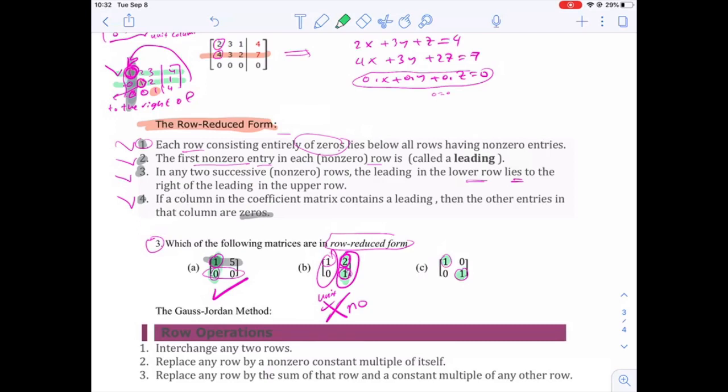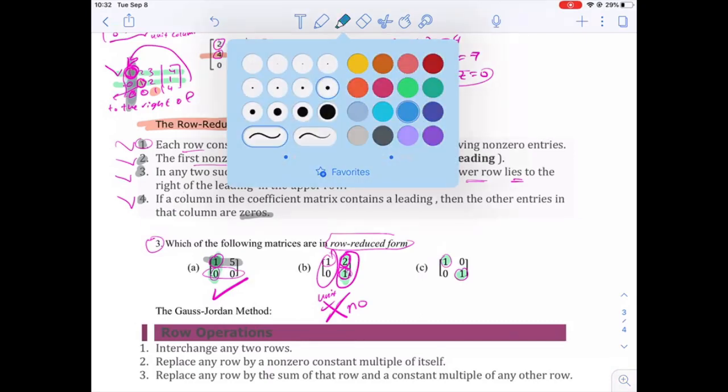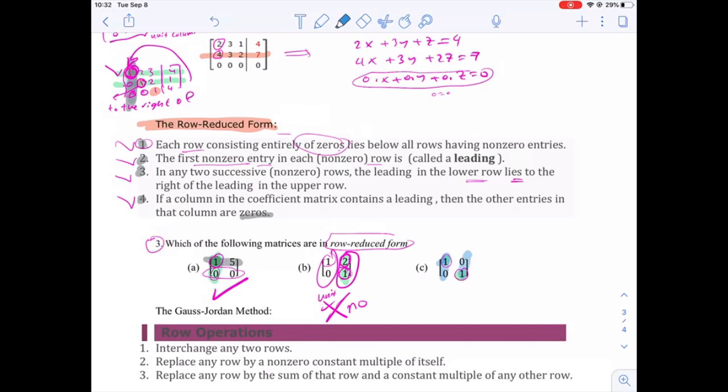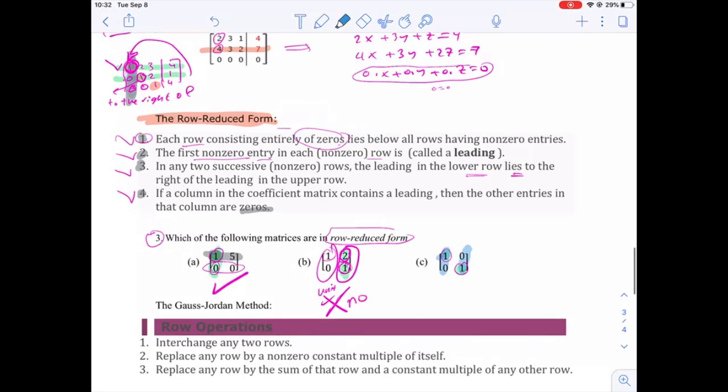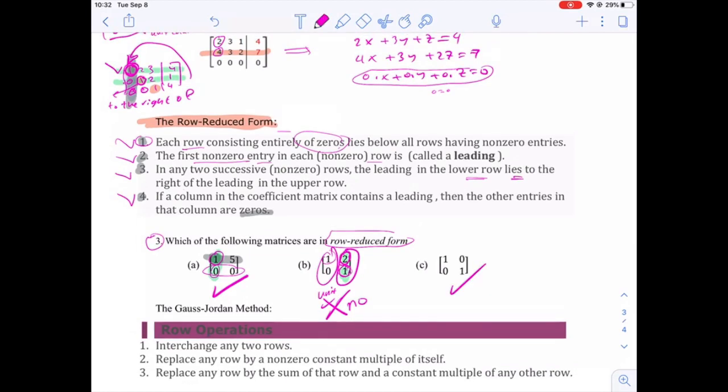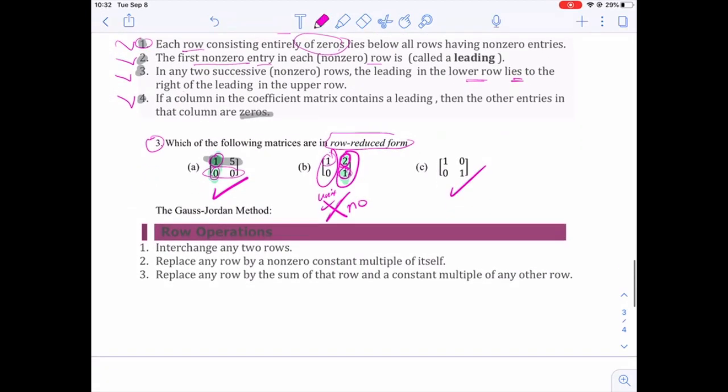The third thing is that everything else within the unit row is zero. We have leading one, and everything else is zero. And here leading one and everything else is zero. So these conditions are satisfied, and we can say that this matrix is written in the row reduced form.